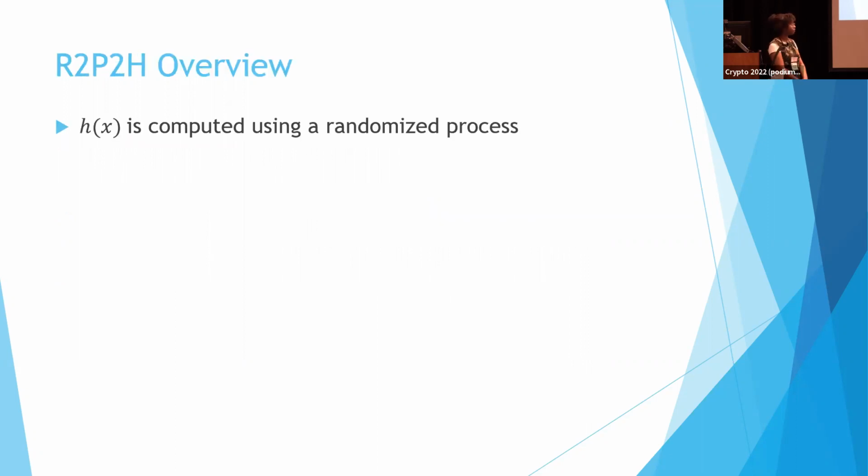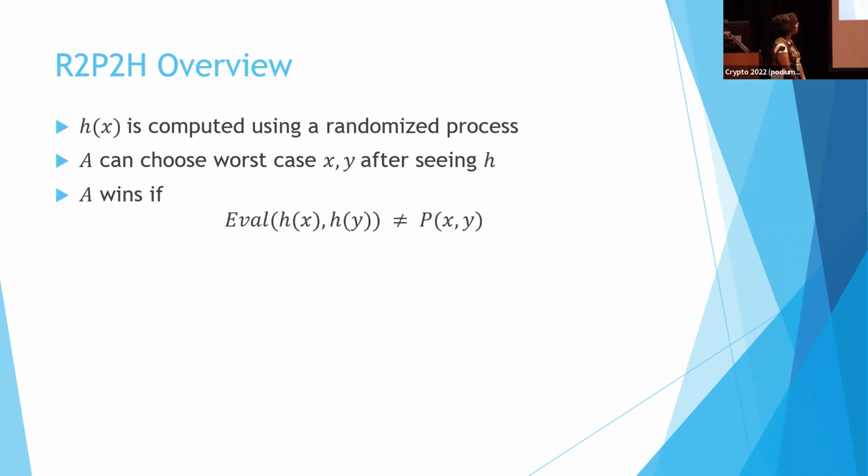Okay, to give you an overview of this construction, H of X is computed using a randomized process. And then an adversary A can choose our worst case X and Y after seeing a description of H, and then succeeds if eval outputs something different than P of X, Y. Something important to note with this particular notion of randomized robust property preserving hash is that with our deterministic constructions, an adversary is able to choose X, then see the output H of X, and then choose Y. In this case, that's not true.